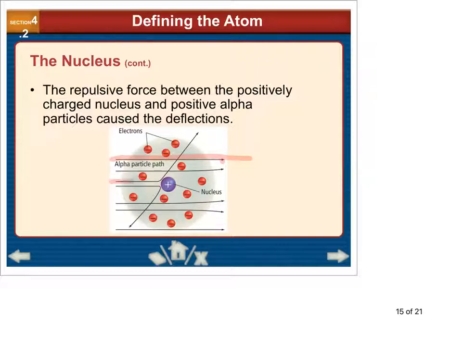If it came close to that nucleus, then they went off all kinds of different directions. As they come close to that positive, the alpha particles were positively charged. Two positives repel each other. So boom, boom, all kinds of different directions.